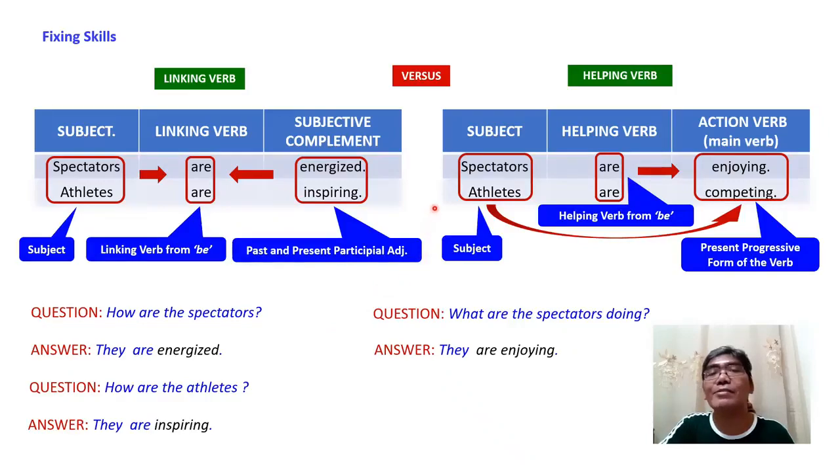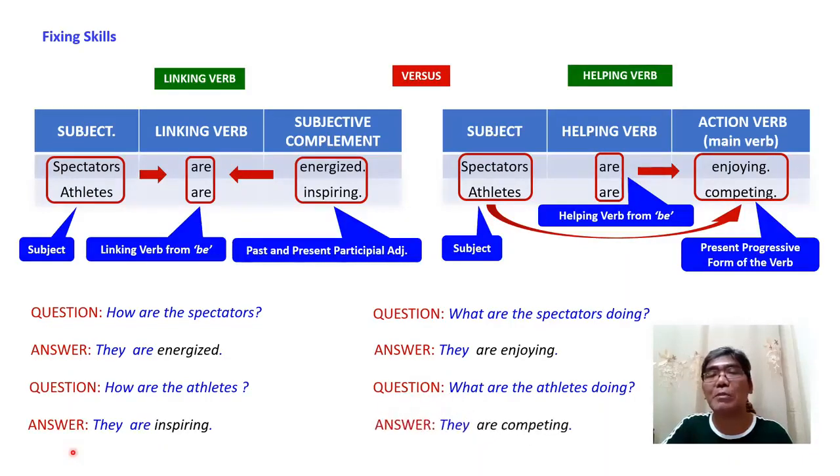The second sentence at your right side, athletes are competing, can also be formulated into question, what are the athletes doing? And this question is answered with the statement, they are competing. Let us also remember that we can identify if the verb is a linking verb by formulating question beginning with how.